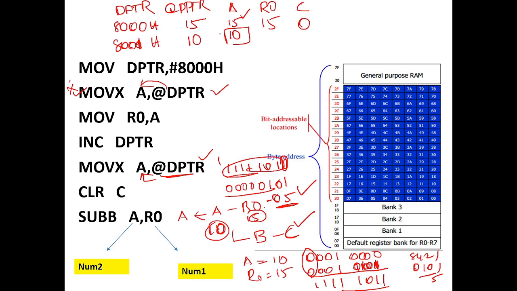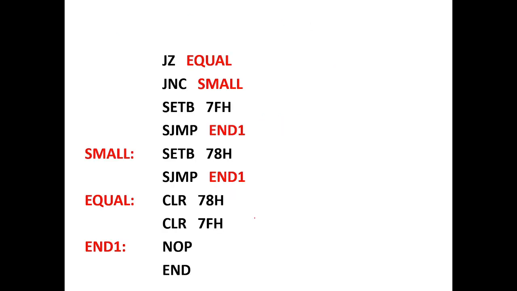Right. So what you understand is, if you do the calculation, you have a carry. Right. So now we'll go here. So what is the current A value? 10 and R0 value 15. So if you subtract, we know that carry flag will set. Right. Now you can set the condition, first condition.